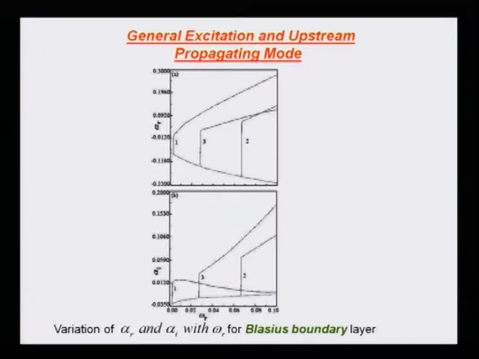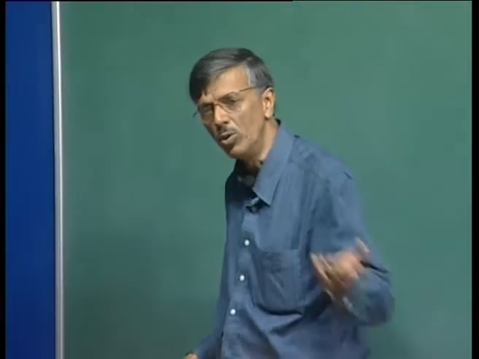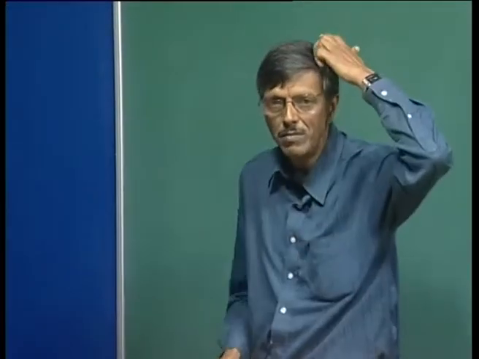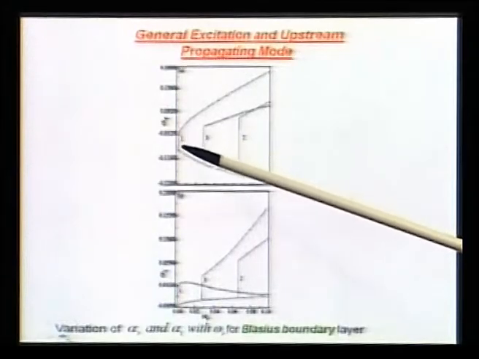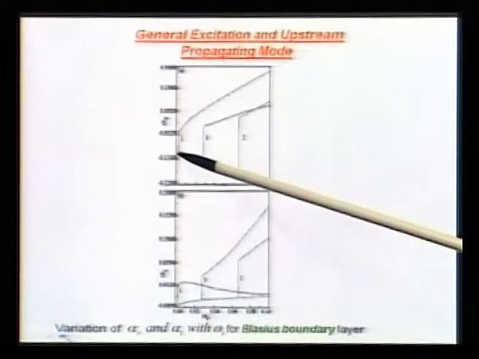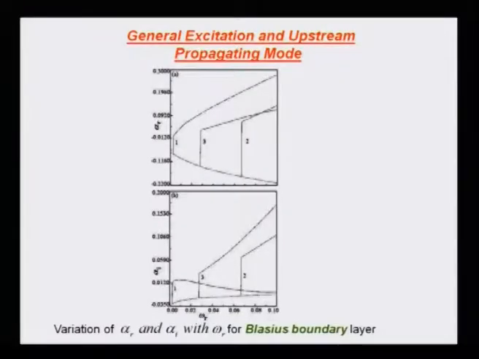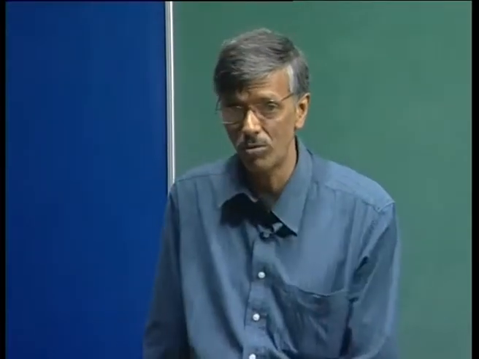However, whenever they disappear, you do those calculations like the way we have just now talked about, and you see that you get a mode with alpha r negative, and this is what we just now studied.